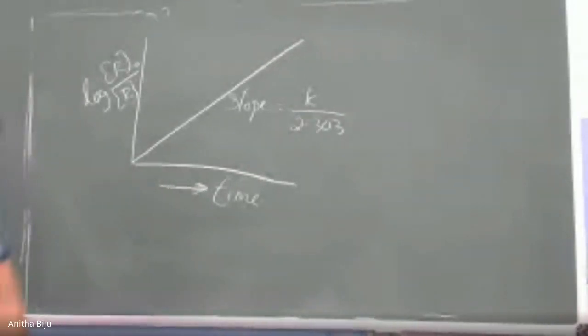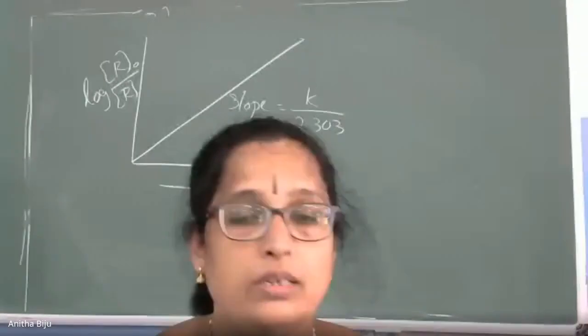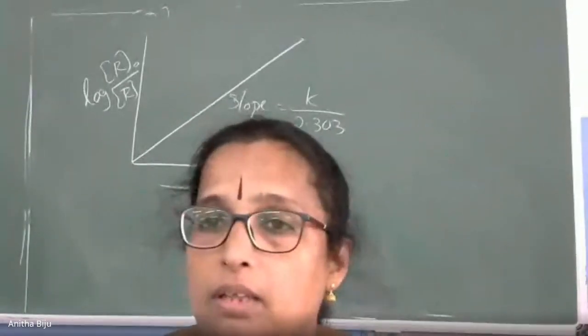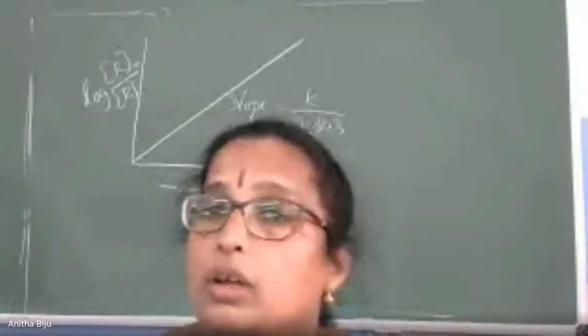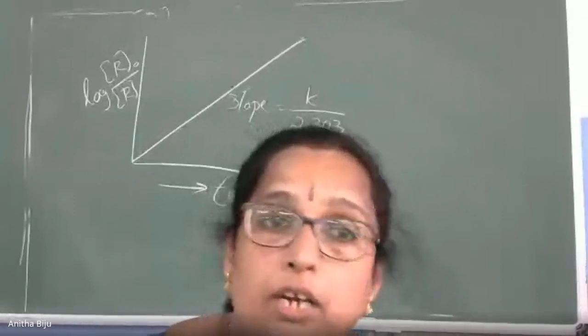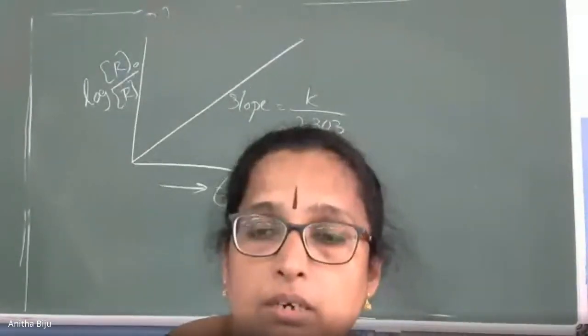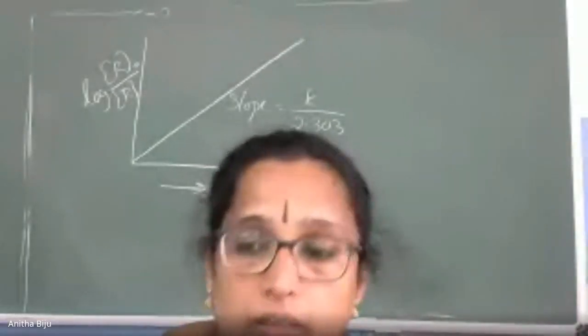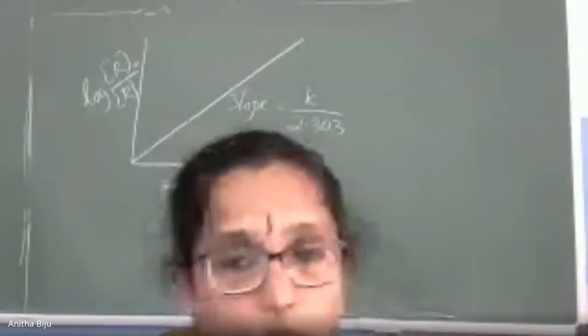So this is all about the integral equation. We have done four equations in this, and these four equations are important for numericals. So try to go through the formulas and concepts related to the rate equation. You have to learn all these today itself, so that you can do some numericals related to this topic.